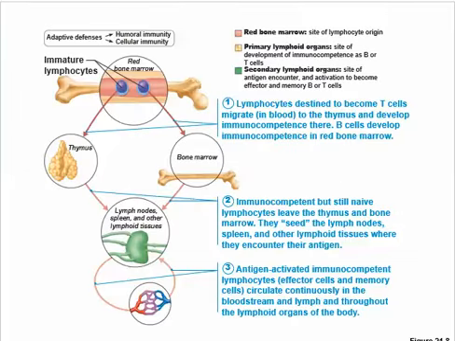So this is just a slide showing that. Made in the bone marrow, becomes mature, then are sent off to lymph nodes and other lymphoid tissues, the Peyer's patches and appendix and all kinds of places, any of that lymphoid tissue.